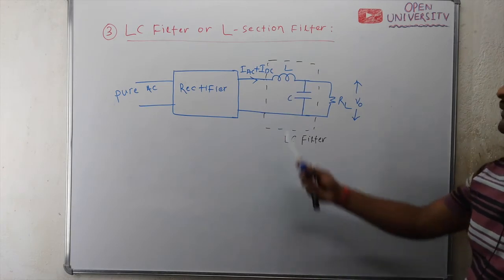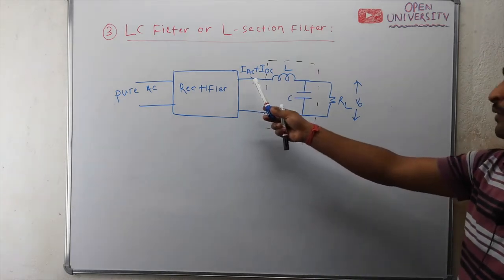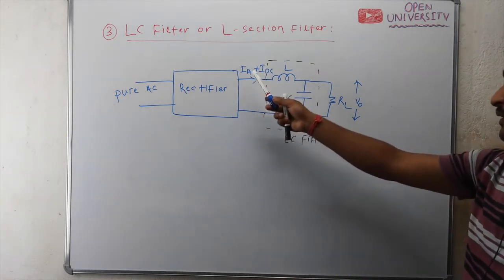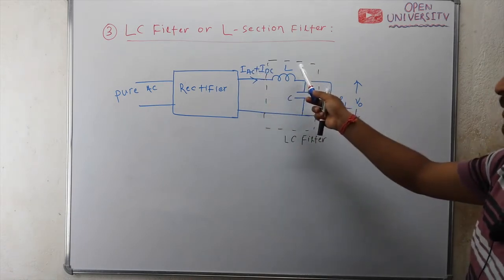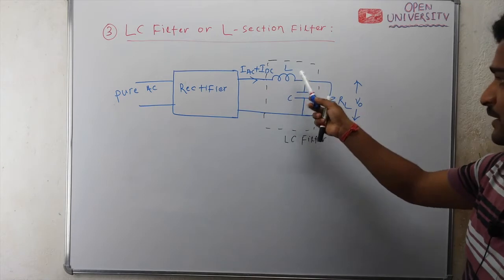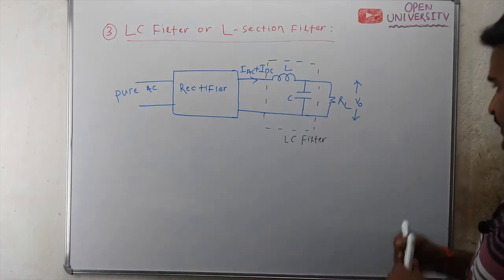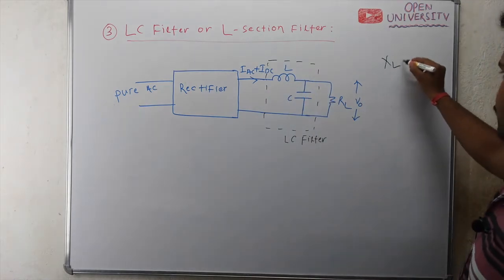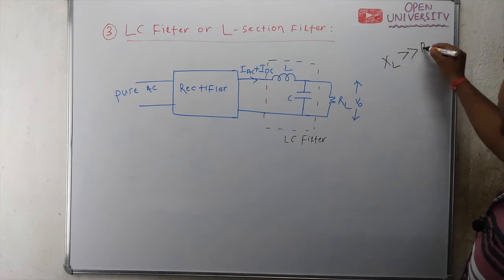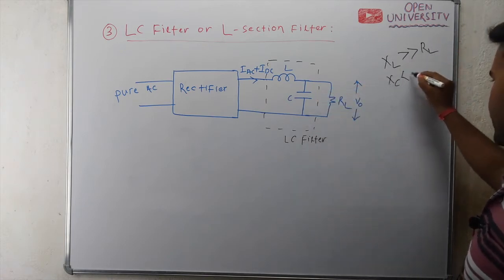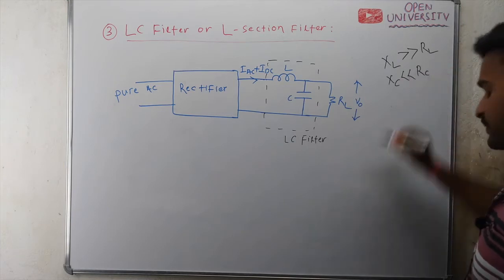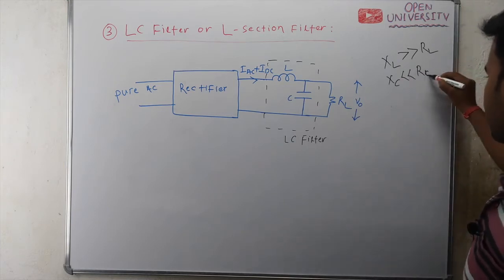Now, if you consider the AC component only, we know that the inductor value should be selected such that its reactance XL is much greater than RL, and the capacitance value should be selected such that its reactance XC is much less than RL.